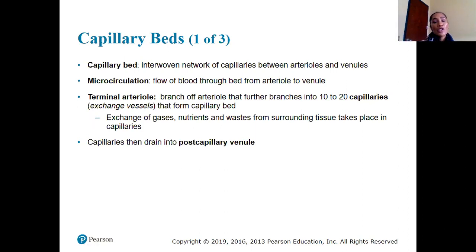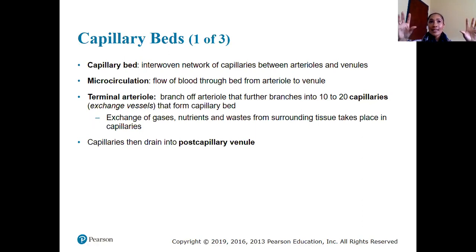We say that circulation through capillary beds is micro because flow of blood through the bed is going to occur from the arteriole, through the capillary network, then through the venules. The terminal arteriole is going to be a branch off an arteriole that further branches into about 10 to 20 capillaries, or exchange vessels, that will form the capillary bed. And at the capillary bed, that's where we have the exchange of gases, nutrients, waste, hormones, and things like that. Capillaries will then drain into a post-capillary venule.